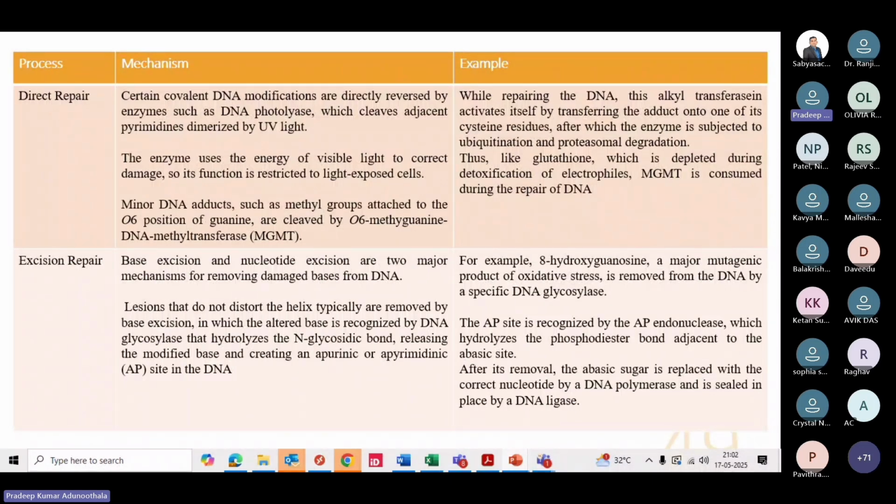An example is 8-hydroxyguanosine, which is a major mutagenic product of oxidative stress and is also removed from the DNA by a specific DNA glycosylase. And as I said, the AP site is recognized by the AP endonuclease enzyme, which hydrolyzes the phosphodiester bond adjacent to the abasic site. After it's removed, the abasic sugar is replaced with the correct nucleotide by a DNA polymerase and is sealed in place by a DNA ligase.